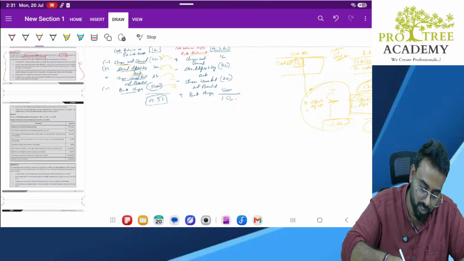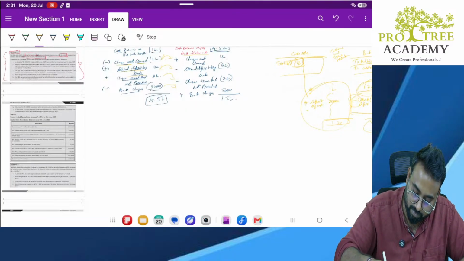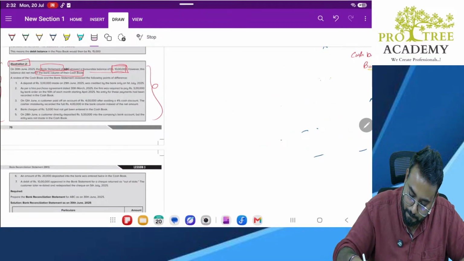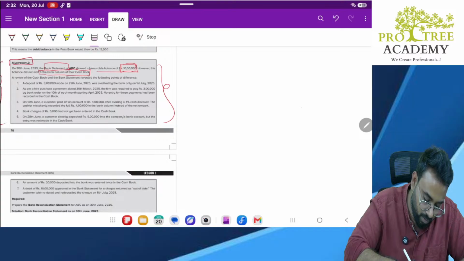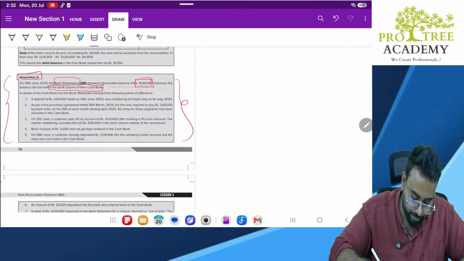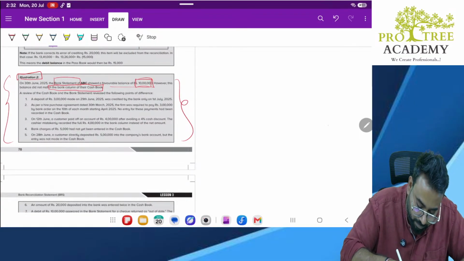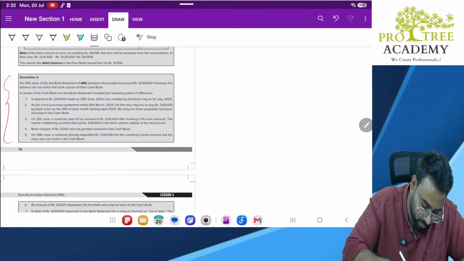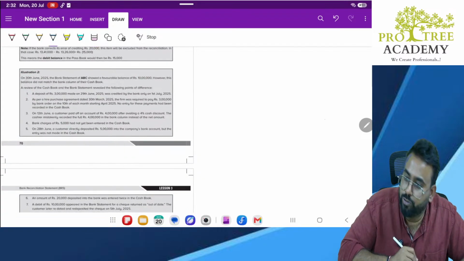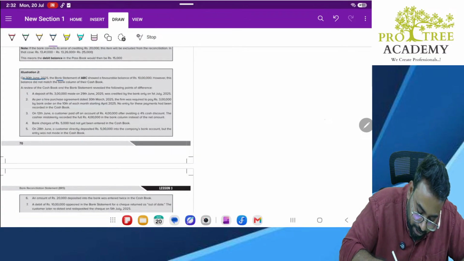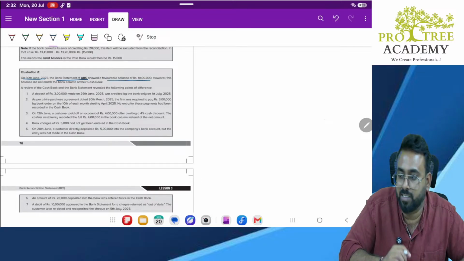Now coming back to the questions which we have to solve. Okay. Now here what they are trying to tell. On 30th June 2025, the bank statement of ABC showed a favorable balance of 10 lakhs. Favorable means positive balance.